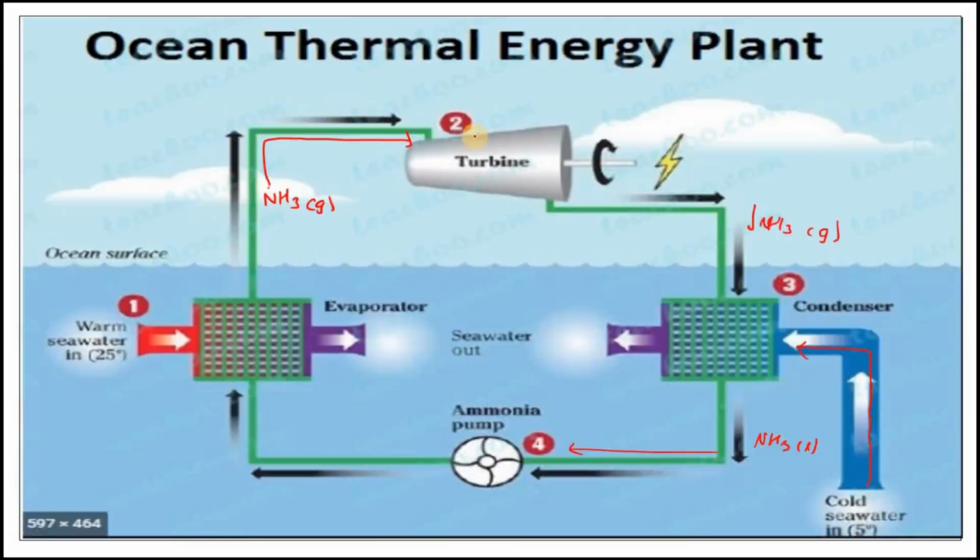Another way of generating electricity would be something, I'll need some space. Let us say this is the entire cross section of the ocean. The upper part of the ocean is warm, and this part of the ocean is relatively cool. So at 2 kilometer depth, there's this temperature difference.